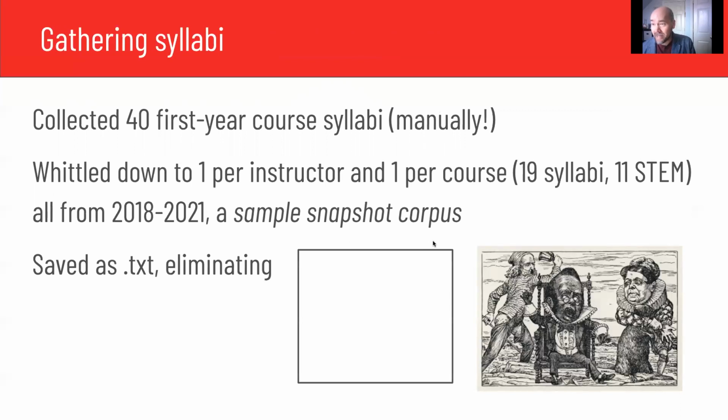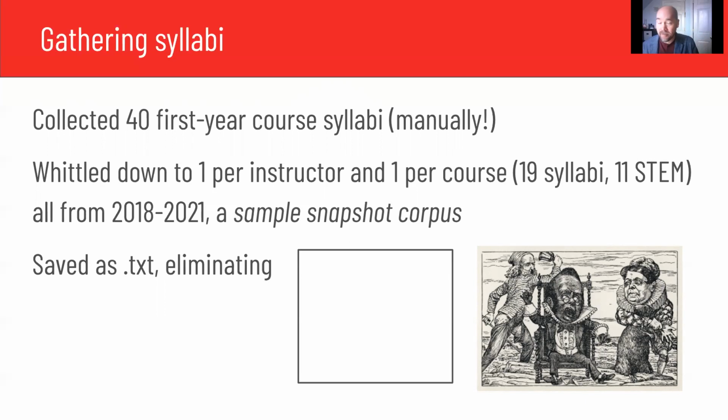As for what I did in particular to gather my syllabi, I went around campus at SUU, Southern Utah University, and just knocked on offices and requested syllabi from first-year courses in undergrad programs, not grad programs, and not third-year or fourth-year syllabi, all first-year syllabi. And I whittled it down to just one per instructor and one per course, because some instructors were very generous.